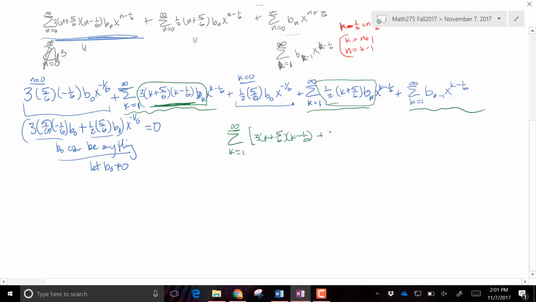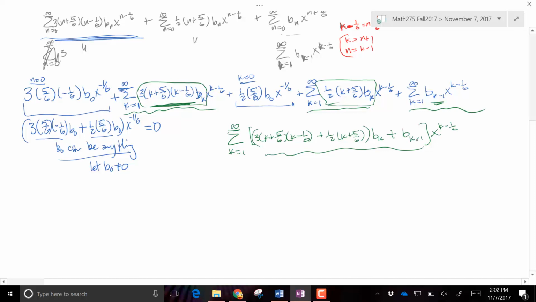So I'm going to put that together, 1/2 k plus 5/6 bk. And then there's a plus bk minus 1. And then they all have an x to the k minus 1/6.